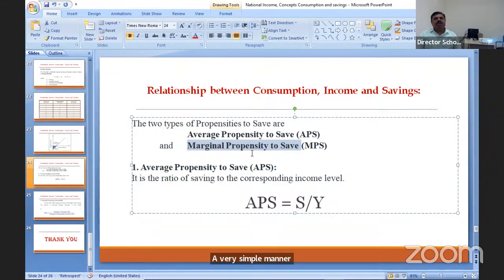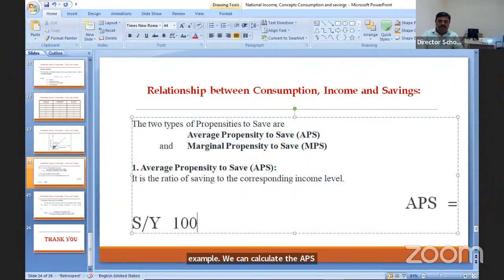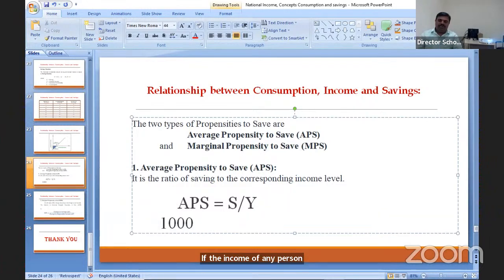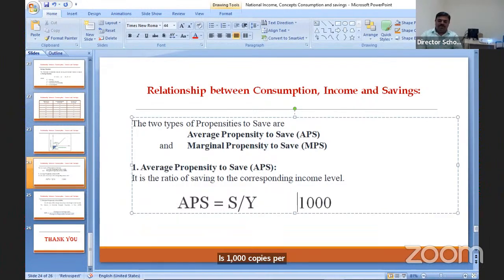If the income of any person is 1,000 rupees per month, for example, we can calculate the APS.